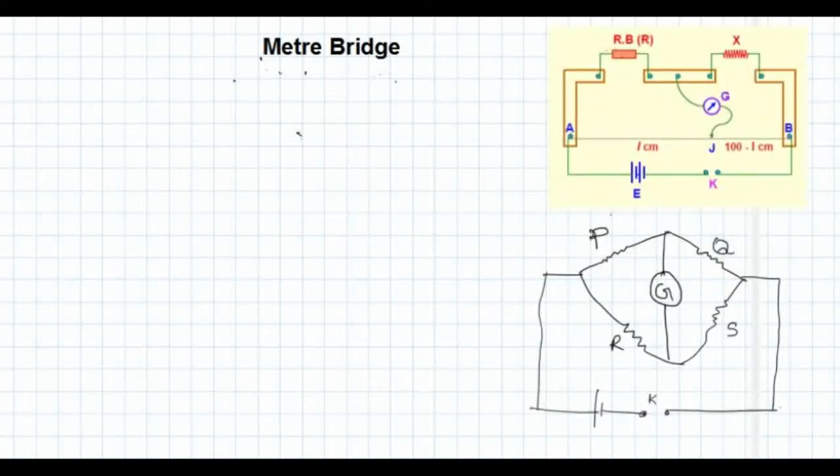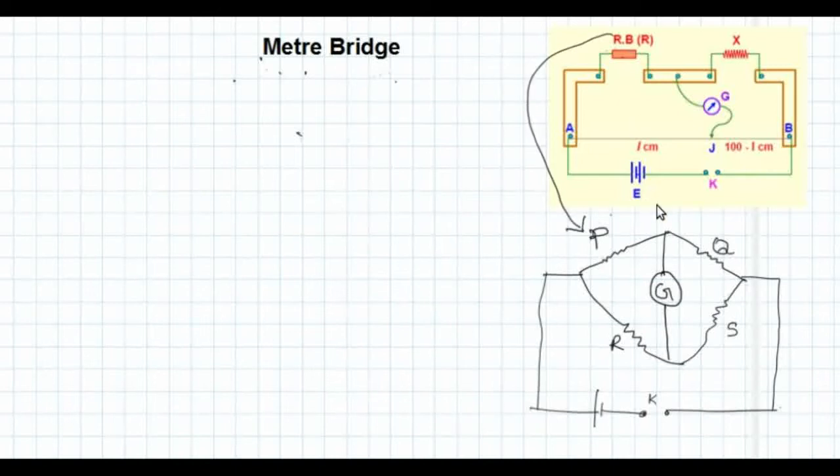Then this meter bridge is best understood if we know the connection diagram of a Wheatstone's bridge. In this connection of Wheatstone's bridge, P, Q, R and S represent resistances and G represents the galvanometer.